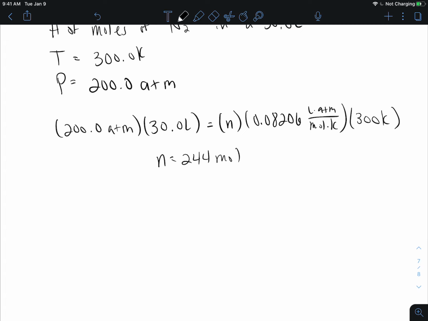Then I could ask, okay, if we bring this to atmospheric pressure, how much volume would that occupy?